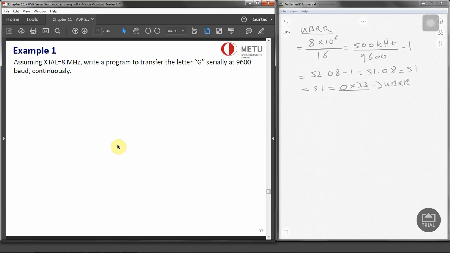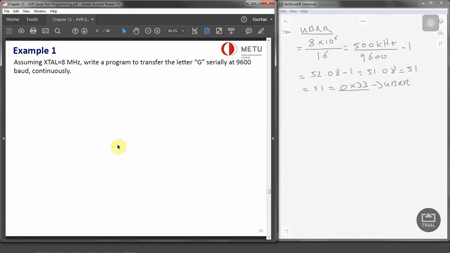That's done. Now, the next thing we need to consider is what we are going to set for the UCSRA, UCSRB and UCSRC registers. For UBRR, as we have 0x33, that has to be loaded in.